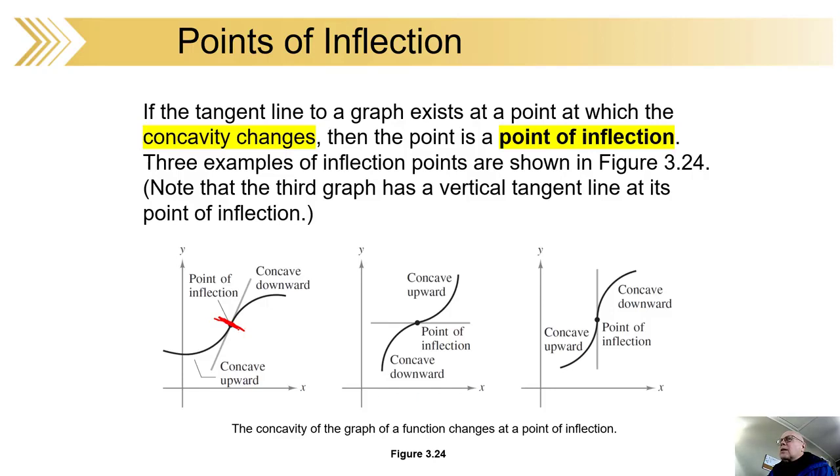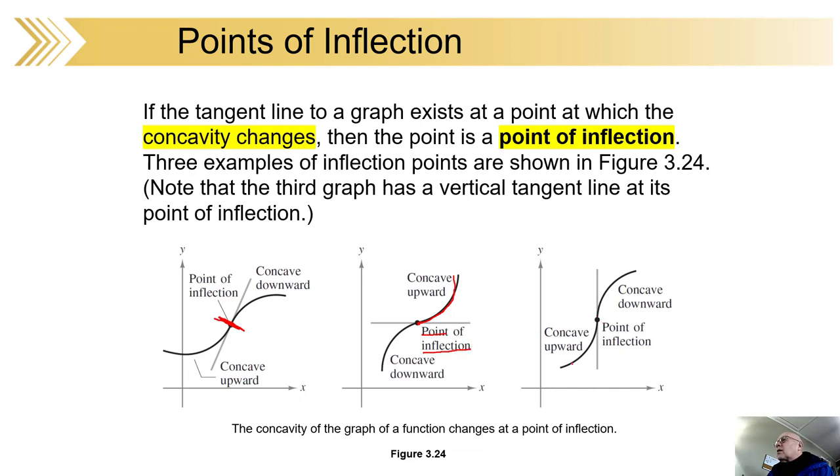This is where the split, where the change occurs. If you were going along this curve, you are concave upward until you get there. Once you get beyond it, it's concave downward. Similar here, concave downward up here. When you get there, the rest of it's concave upward. Those are points of inflection.